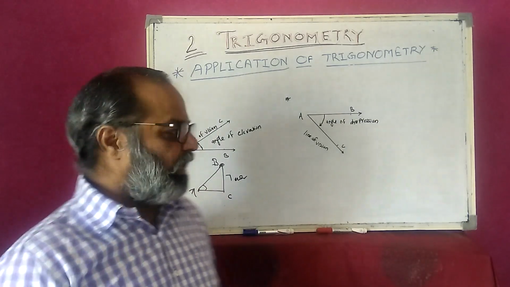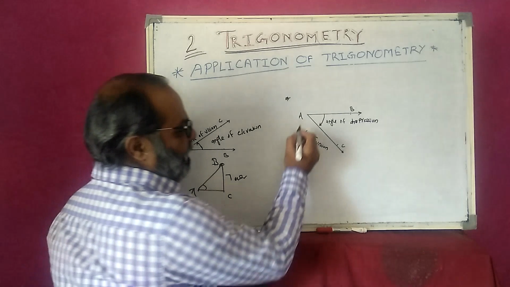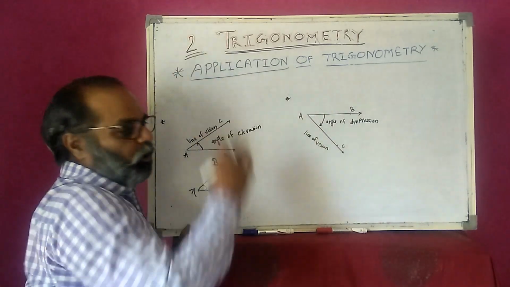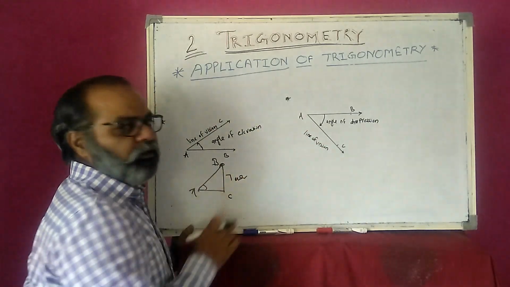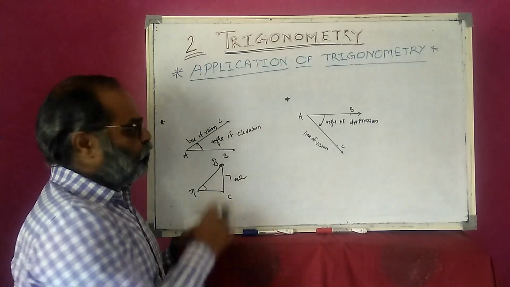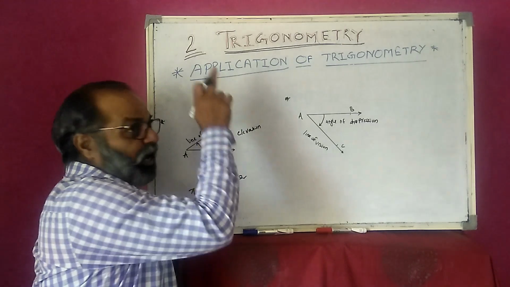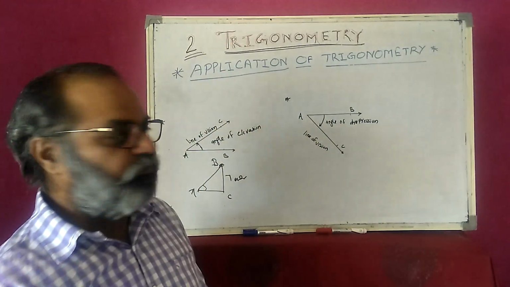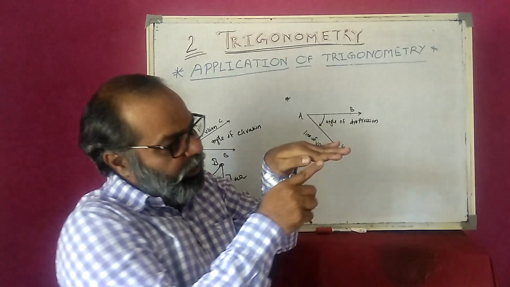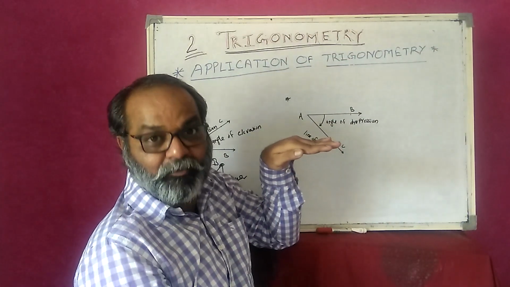Now the second concept is angle of depression. Suppose you are standing at point A at the top, and C is a point on the ground, lower than you. The point of elevation is the higher one and the point of depression is the lower one. You are standing here and looking to the ground level.